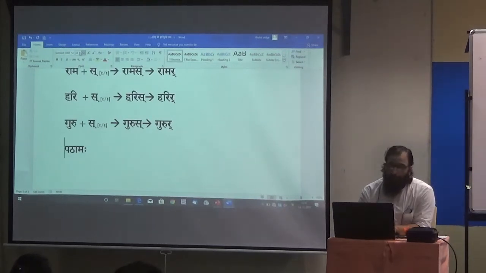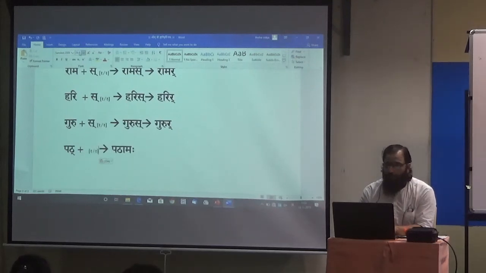Pathamah. It's a Kriya Padam. Is it a Padam or not? It's a Padam. The Dhatu is Pat Dhatu. To the Pat Dhatu you add a pratyaya. What does the pratyaya correspond to? What Vachanam? What Purusha?